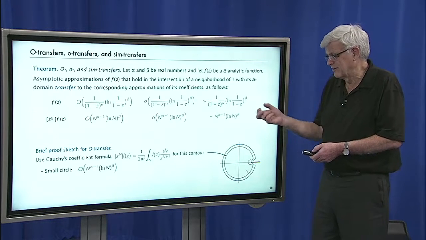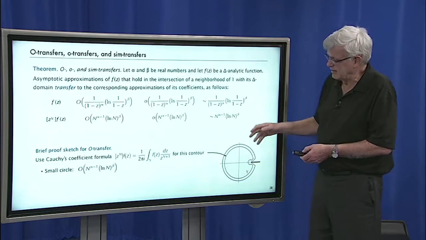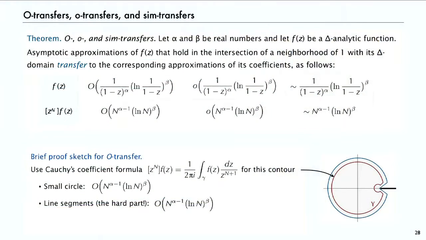And then the question is to go ahead and do the estimate for each one of those lines, and it's half a page in the book for each one of these, showing that the line segments and the small segments are the ones that really give the contribution.